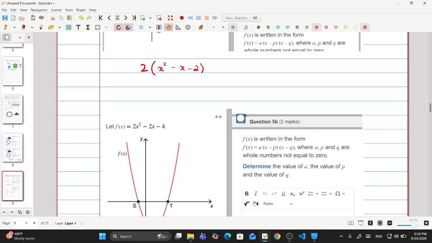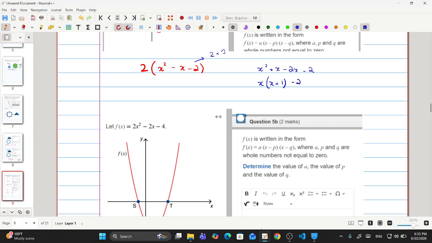This is the first part. Then what do we do next? The next thing that we're supposed to be doing is making factors of 2. So 2 can only be factored by 2 times 1, right? I can write this as x squared plus x minus 2x minus 2. So I have x as common, and within the bracket I have x plus 1.